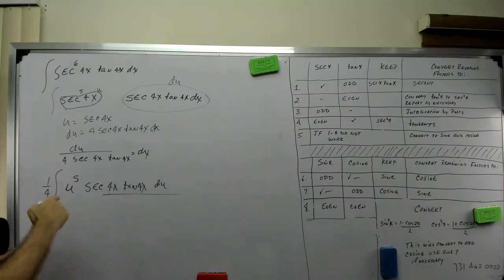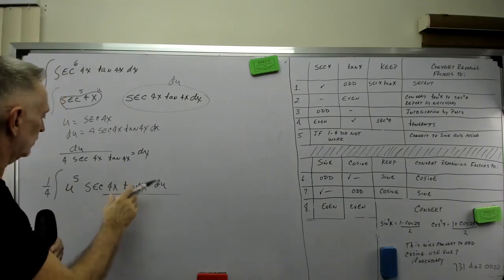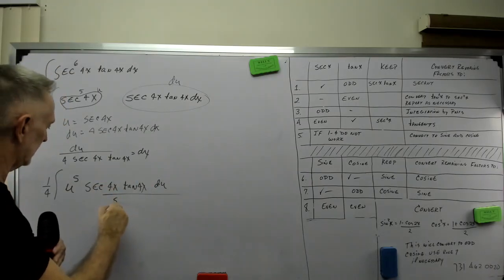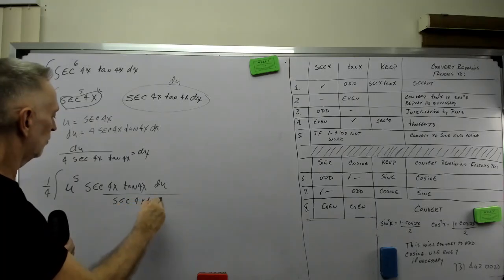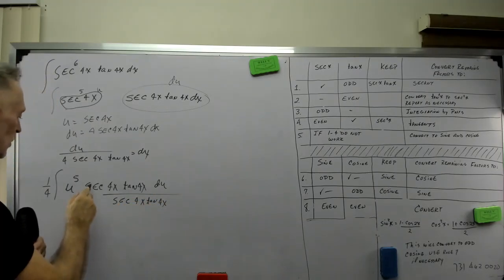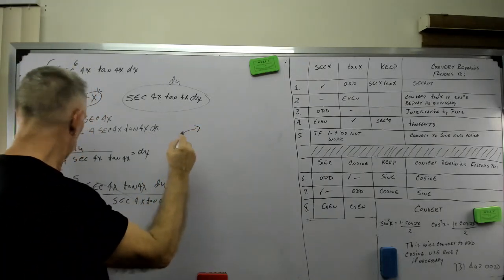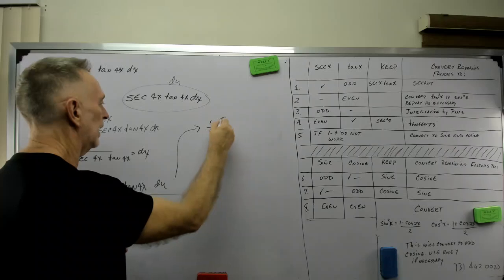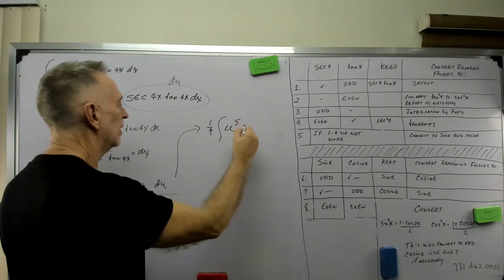I'll put the 1/4 to the outside. Secant 4x tangent 4x over secant 4x tangent 4x, so those cancel. Now I have 1/4 the integral of u to the 5th du.